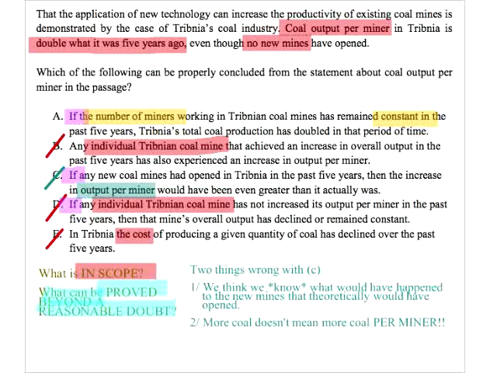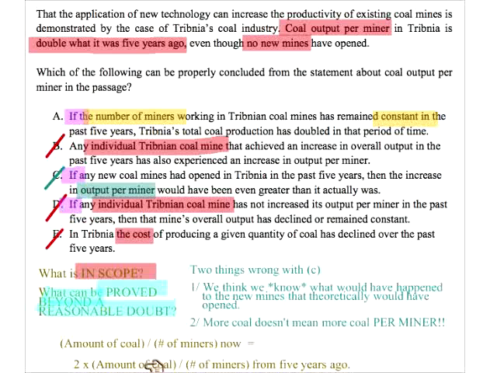Well, because the idea is that the amount of coal per number of miners now is 2 times the amount of coal over the number of miners from 5 years ago. Ordinarily, this would allow variation in either one of these quantities.